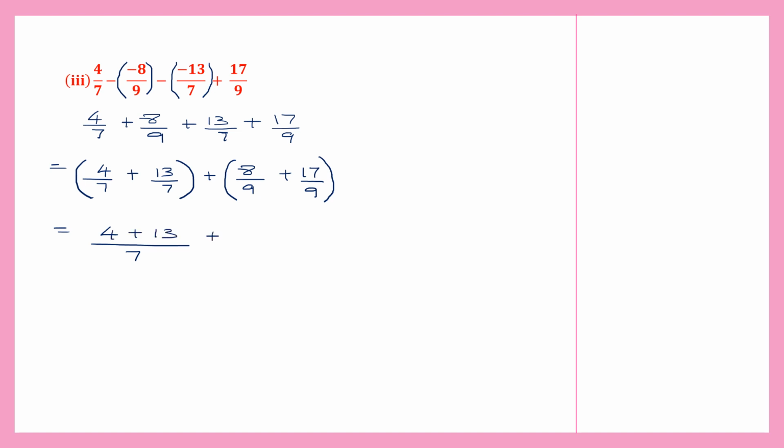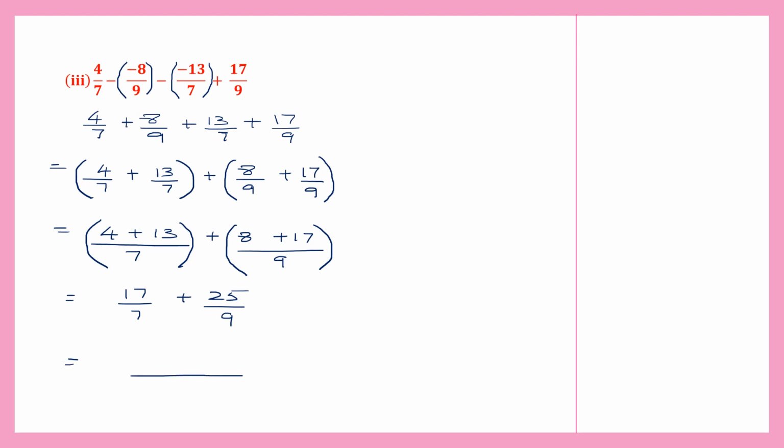Now here we have 9. Here also numerators remain the same, 8 plus 17. Now let's simplify. 4 plus 13 is 17, 17 by 7, plus 8 plus 17 is 25, 25 by 9.